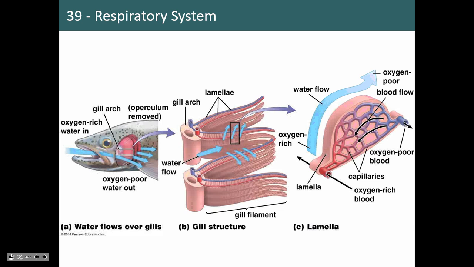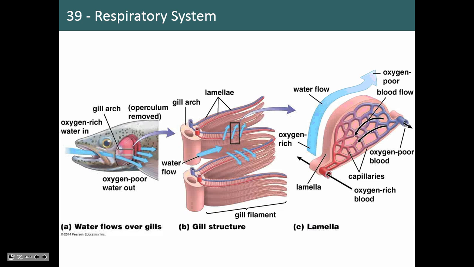As we move, kind of jumping around, I went from amphibians and reptiles back to fish, covering all the vertebrates in weird order. The fish system is also pretty interesting. Fish don't use lungs. Instead, they use gills, right?